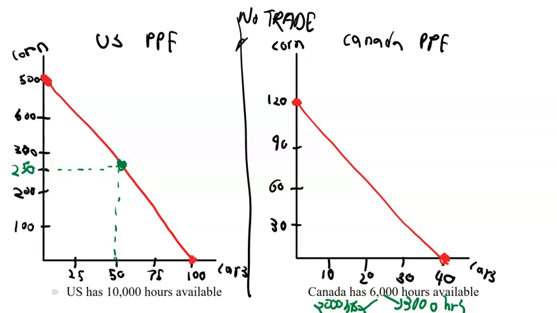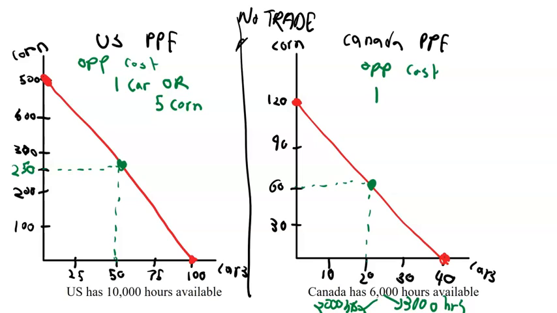If I find the point, it should be at 60 and 20, so it should be at this point. Now we found that the US opportunity cost was 1 car or 5 corn. And in Canada, the opportunity cost was 1 car or 3 corn.